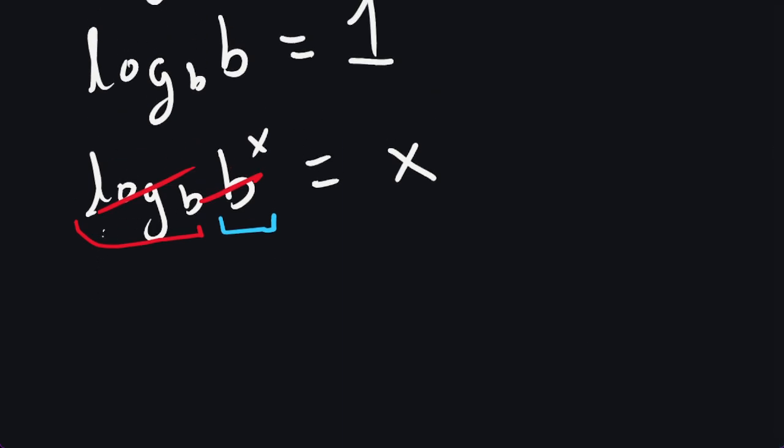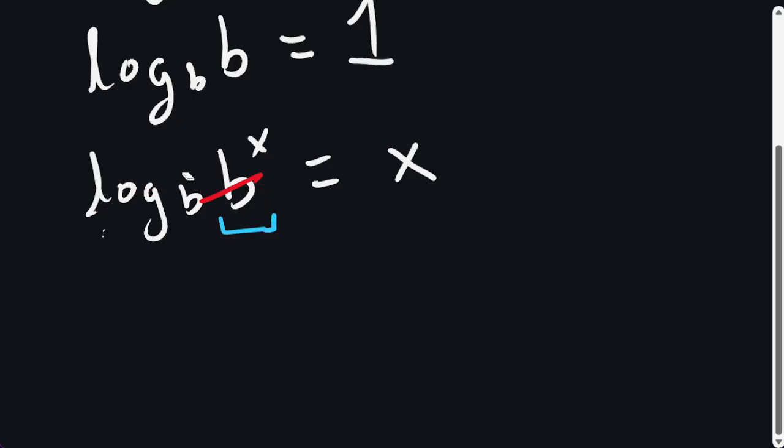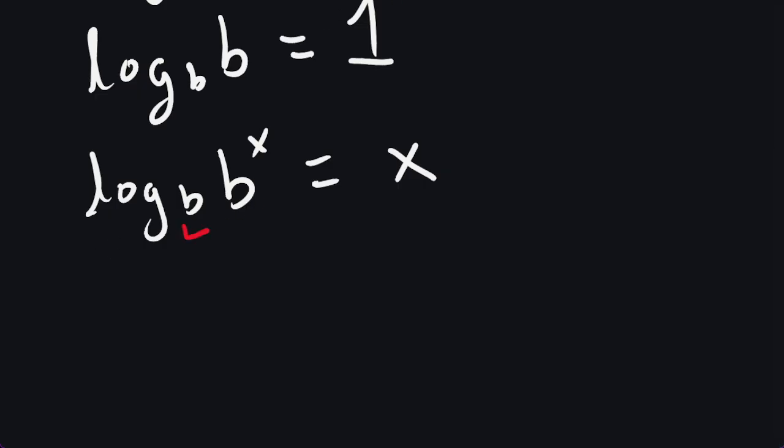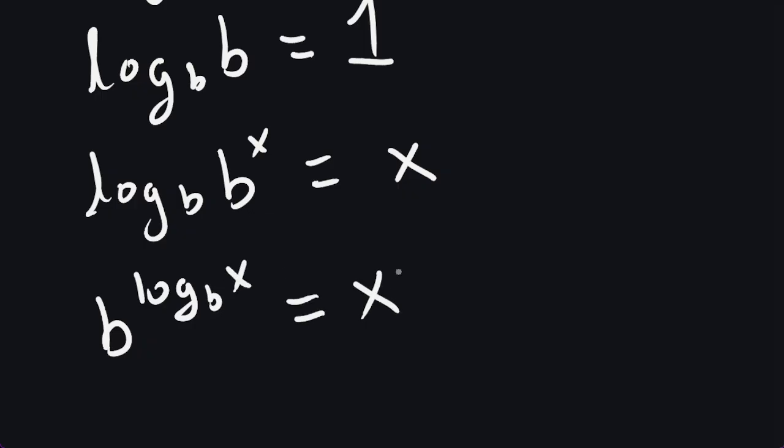So log base b of b to the power of x equals x. So if the base is the same as the base to this exponent, then it will just release whatever's in the exponent. And then if we have b to the power of log base b of x, this will also give you x.